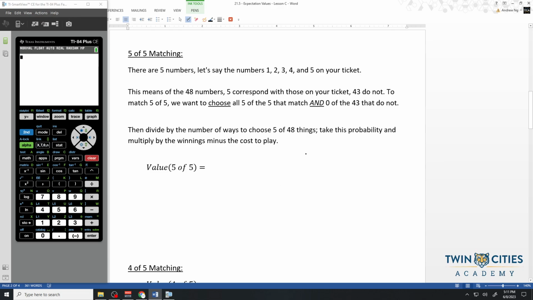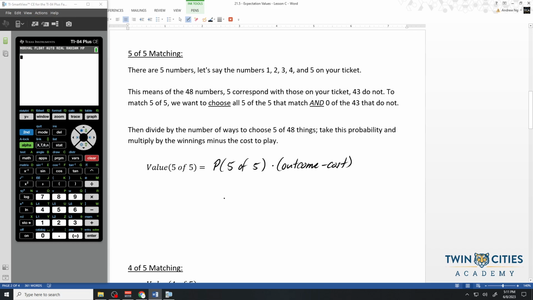So what we're going to do is the following. The value of 5 of 5 is going to be the probability of 5 of 5 times outcome minus the cost.